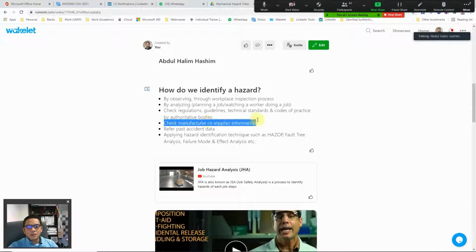Yeah, this is something that I've mentioned before. Check manufacturer or supplier information, especially when you buy it from other people, a supplier. By law, they should provide you with some kind of reference about the dangers of using the product that they are selling to you.